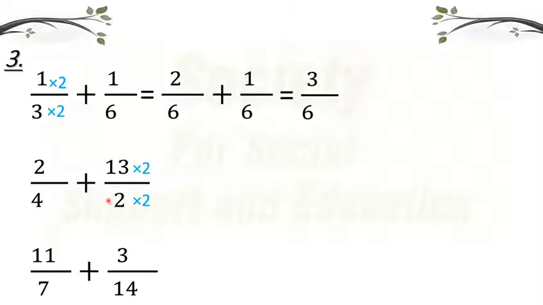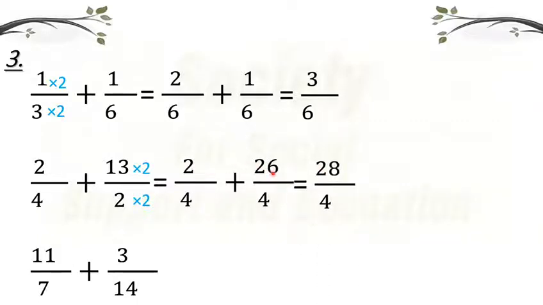So the new fractions are, I keep this one the same, 2 over 4, and 13 times 2 equal to 26 over 2 times 2 equal to 4. Here I have same denominator, which is 4. Now 2 plus 26 equal to 28 over 4.